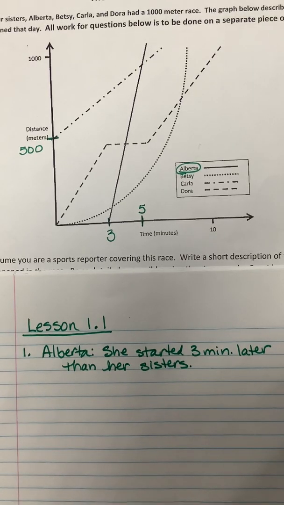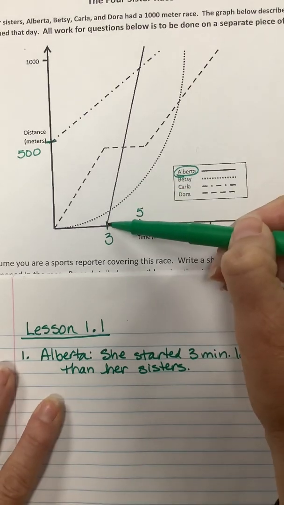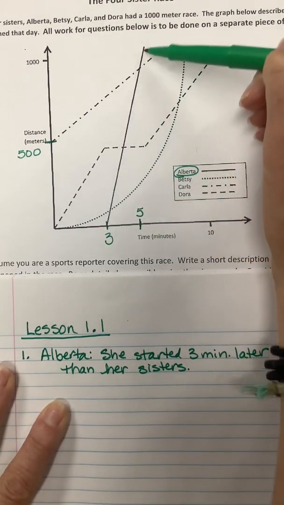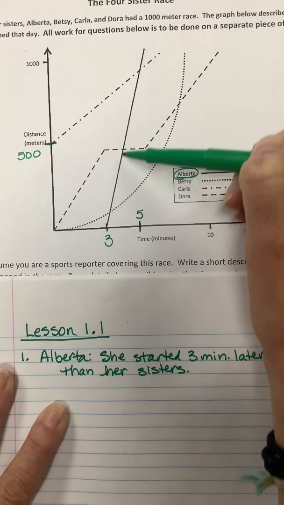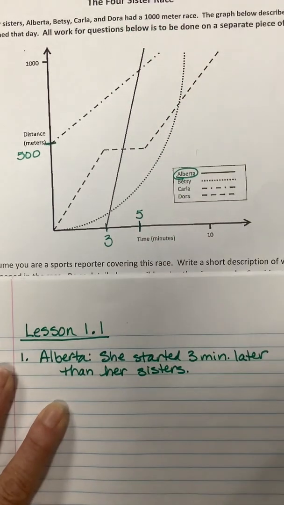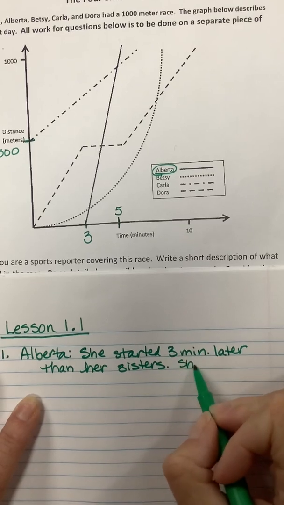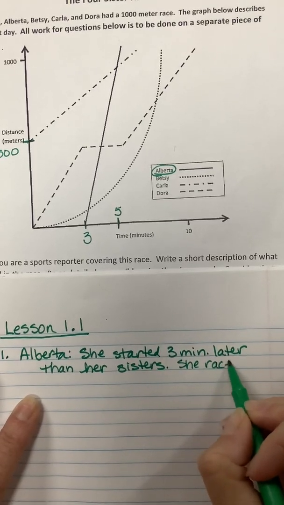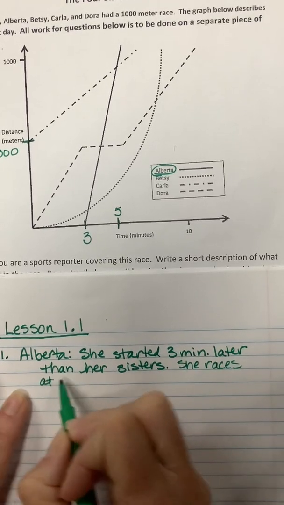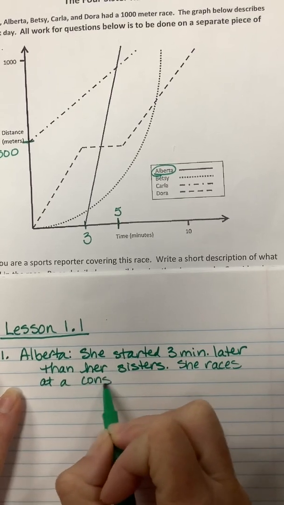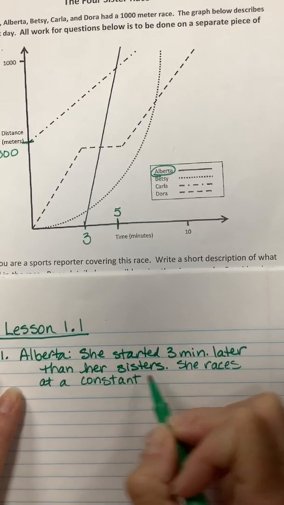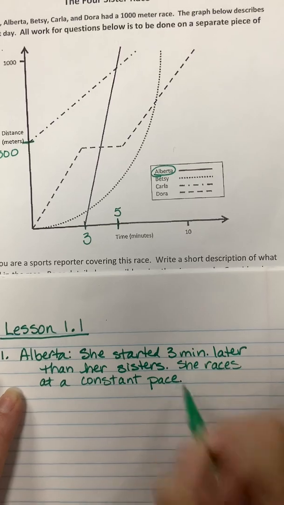What about the middle of the race? How is she running the race? It looks to me, because I've got this line, that her pace does not change. She runs the same pace the entire time. So I would probably say she races at a constant pace, bringing us back to Algebra 1, a constant pace for the whole race.